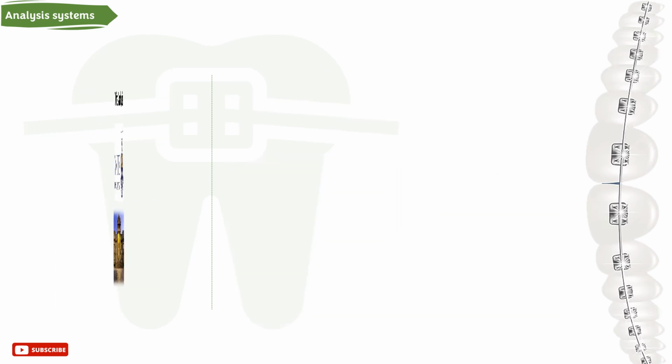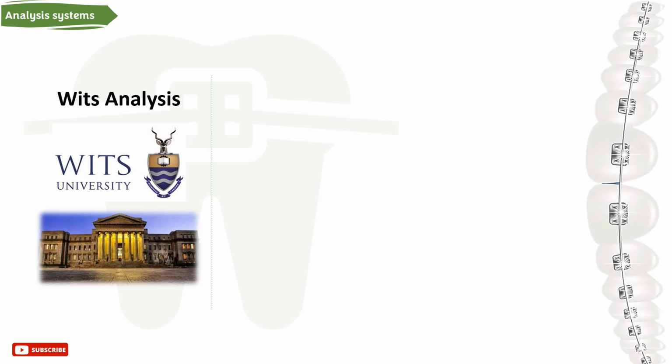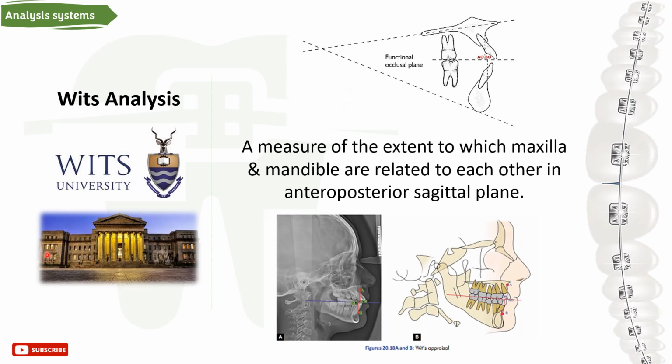Wits analysis. Note that the other analysis systems are named after orthodontists, but Wits analysis actually is named after the Witwatersrand Johannesburg University in South Africa. Wits analysis is a measure of the extent to which maxilla and mandible are related to each other in the anteroposterior sagittal plane.